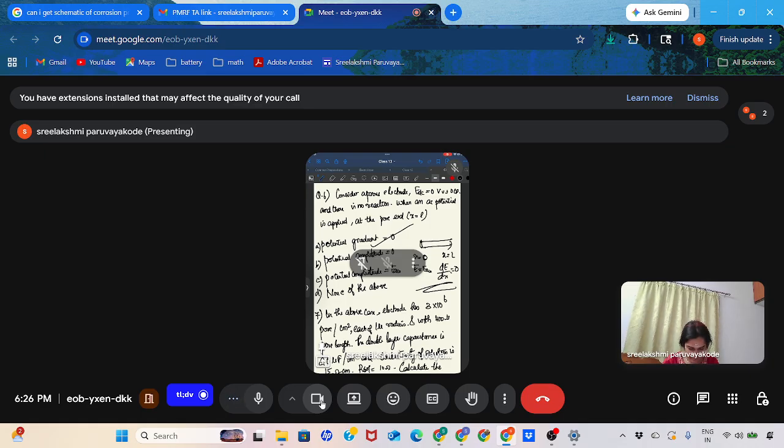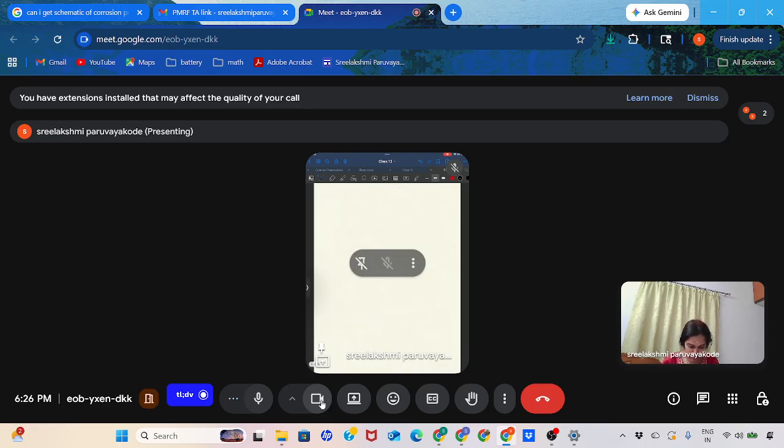Calculate the total resistance of the solution in a single pore.